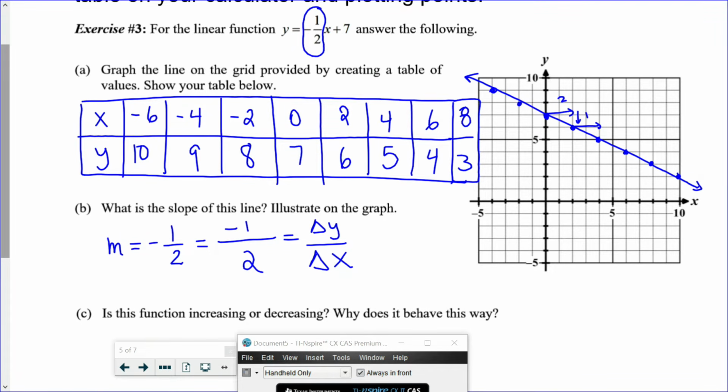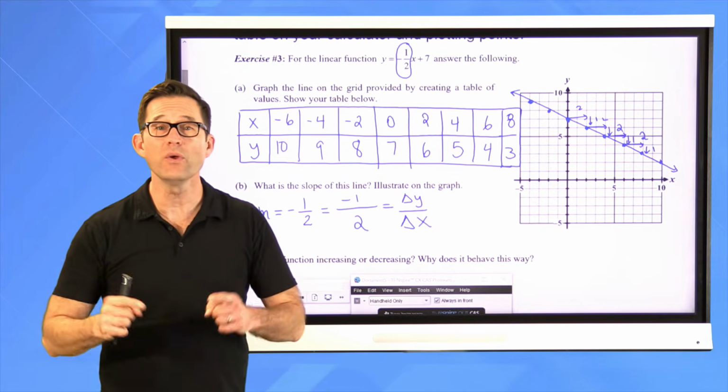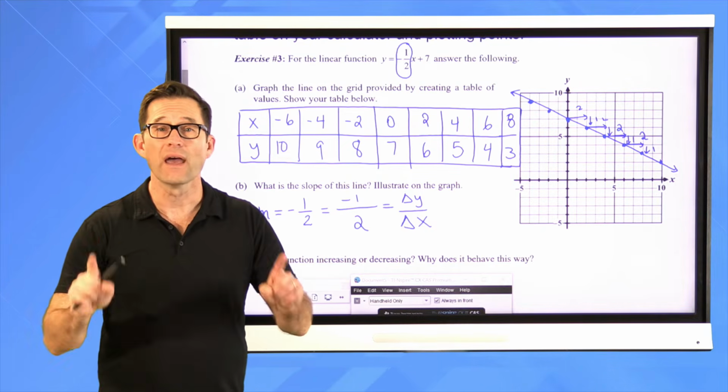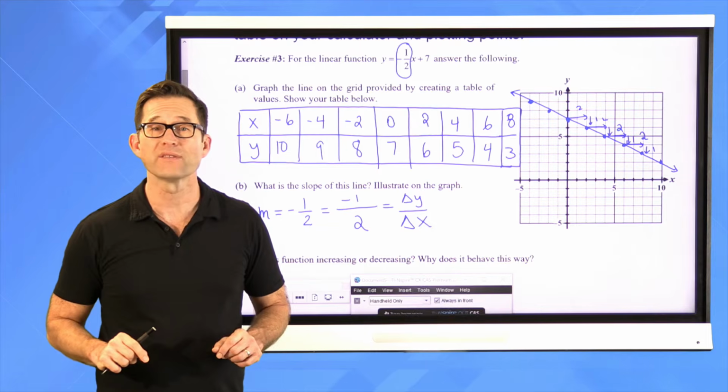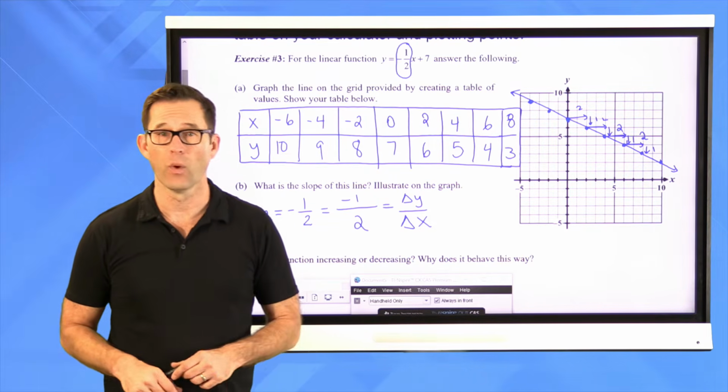Then move 2 units to the right, go down 1 unit. It's hard to write the 2 in any good way. There we go. Right? So I can see it, literally. For every 2 units of increase in x, I get 1 unit of decrease in y, so the ratio -1 to 2 is the same as the number -1/2.